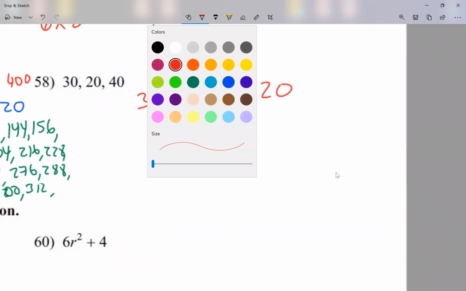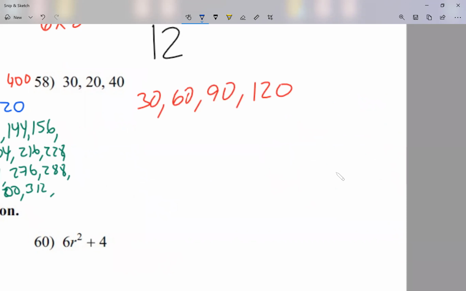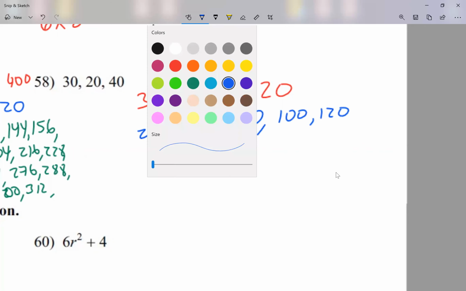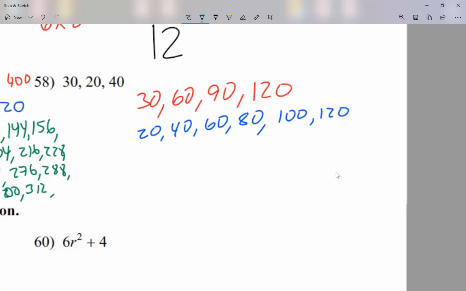Let me find my multiples of 20. 20, 40, 60, 80, 100, 120. Let me stop there. Now let me find my multiples of 40. There's 40, 80, 120. Oops, let me stop here.